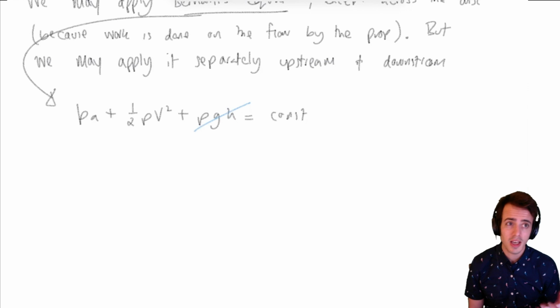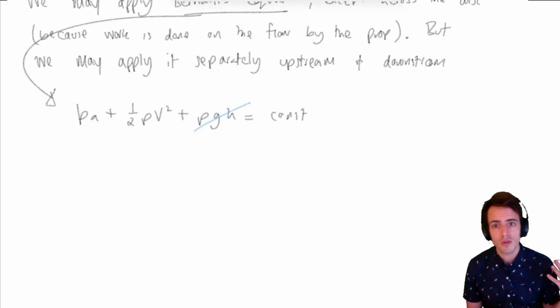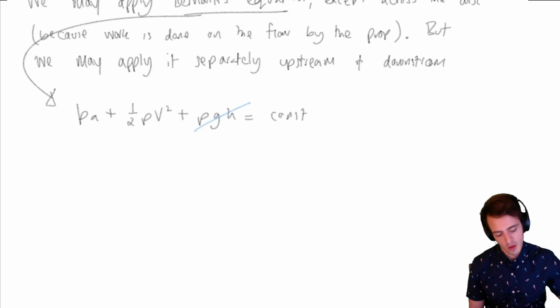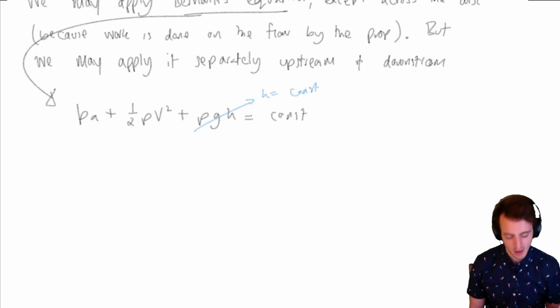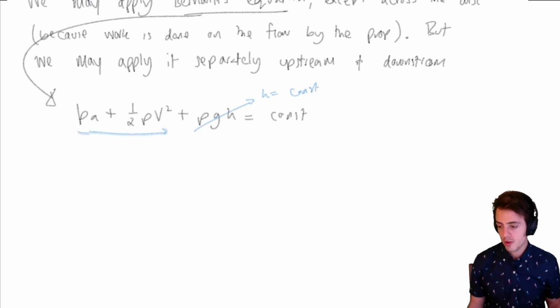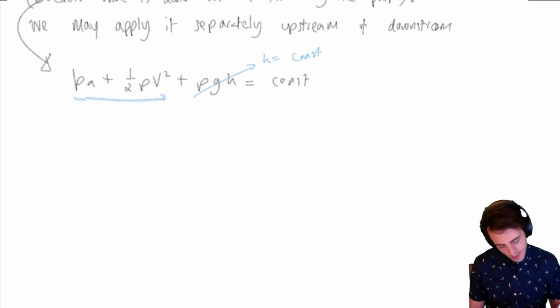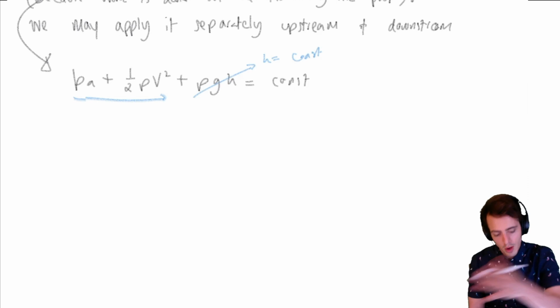We're not really disregarding it, but we're just saying that it's always going to be at the same height within a propulsive stream tube. So we're going to say h is equal to a constant. Therefore, we can just disregard these two. So we're just using the first two terms from Bernoulli's equation. So we're going to apply it first upstream. So this is from region 1 to region 2.